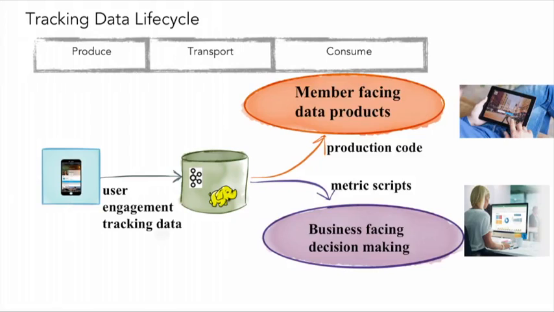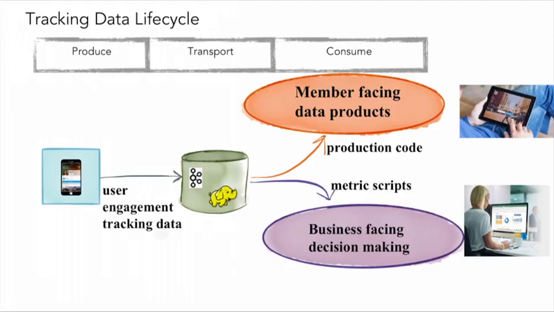So this is a very high-level data lifecycle of how this data gets generated, produced through the applications, which is generating user data, the engagement, and the tracking data, which then gets transported into our infrastructure platforms, primarily the Hadoop-based ecosystem and Kafka for offline and near real-time computations.